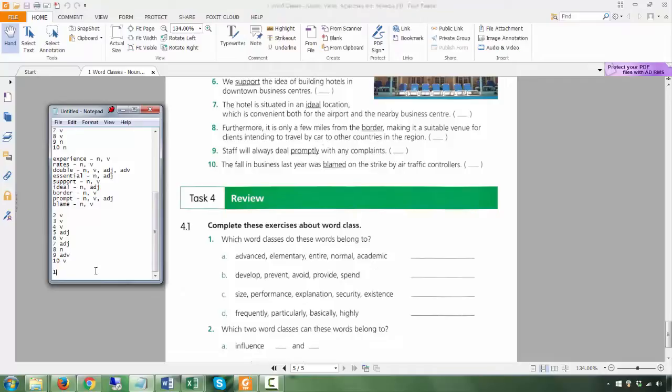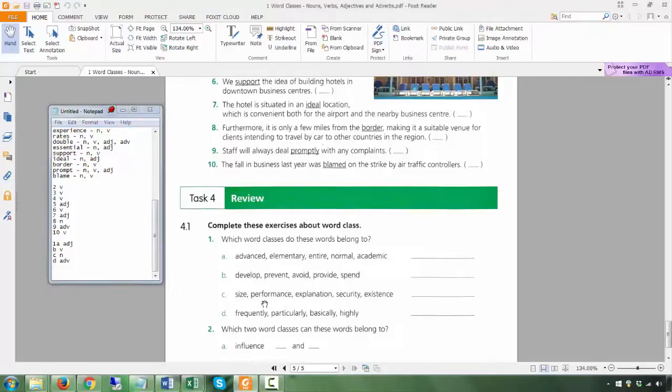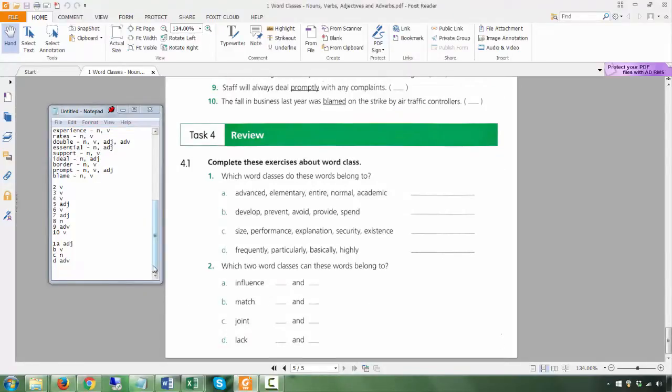Okay, 1a, these are all adjectives. B, these are all verbs. C, these are all nouns. D, the ly, adverb. Okay, and this 2, influence. Influence is a noun and a verb.